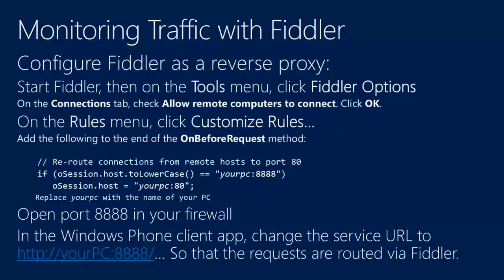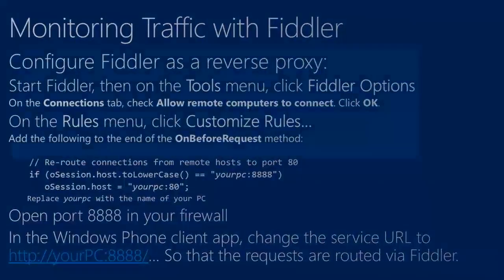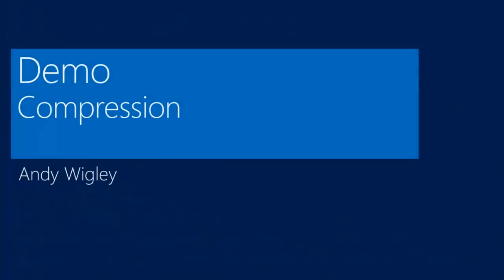And then in your client code, while you're testing this, instead of sending it to port 80, you send it to port 8888. And these moving parts, if you get it all right, it all works. So let me put that into pictures. Right, so we're done with that guy.